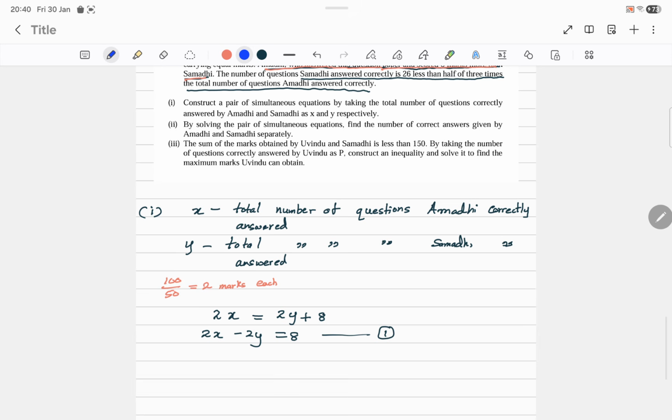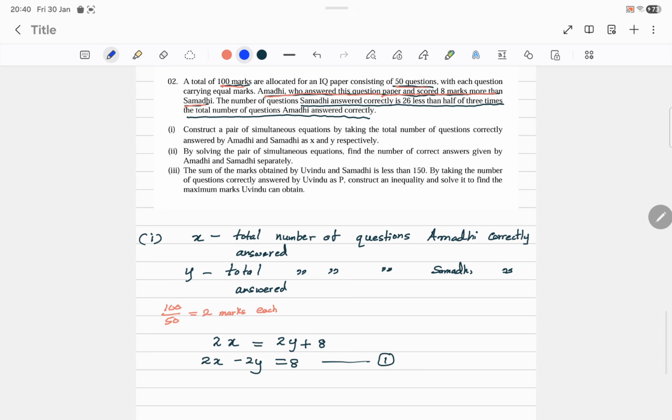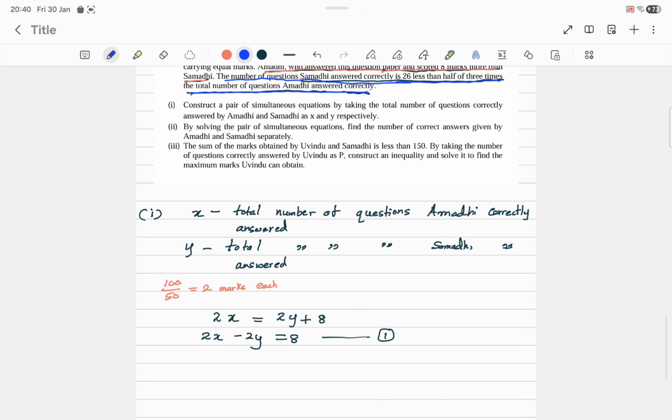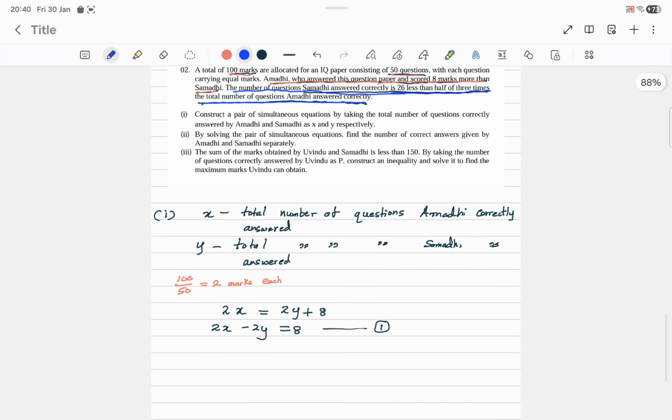Now the second one: the number of questions Samadhi answered correctly is 26 less than half of 3 times the total number of questions Amadi answered. So Samadhi answered how many questions? y.